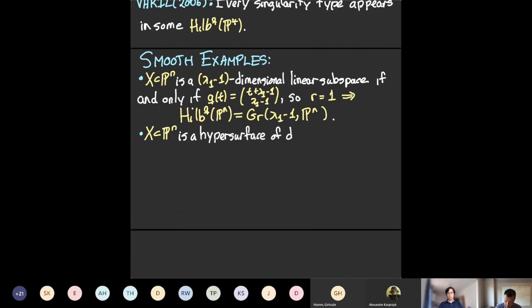of degree little r, if and only if, again, we can recognize it from its Hilbert polynomial. In this case, well, I think the first thing I would have thought to do was, a hypersurface is given by a single equation.